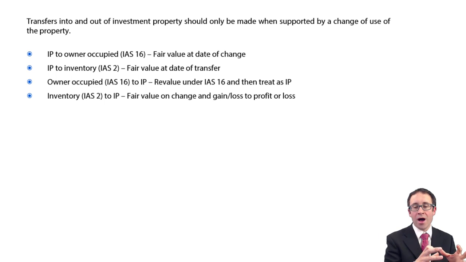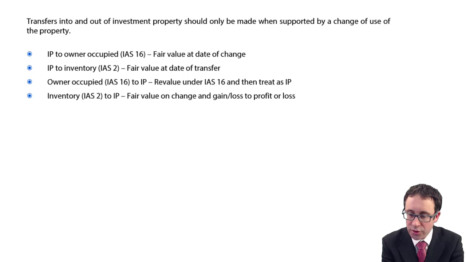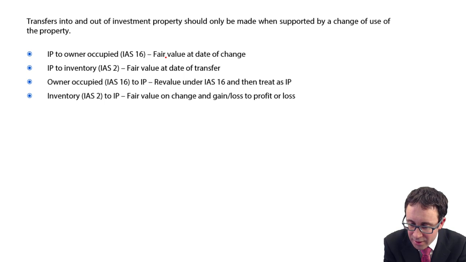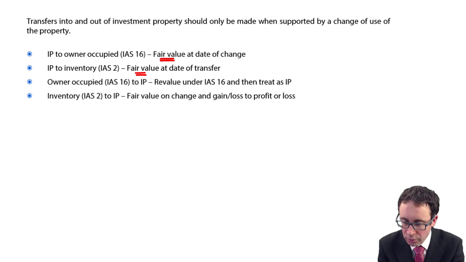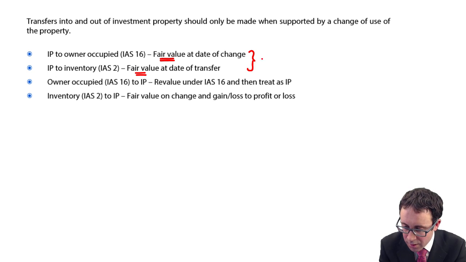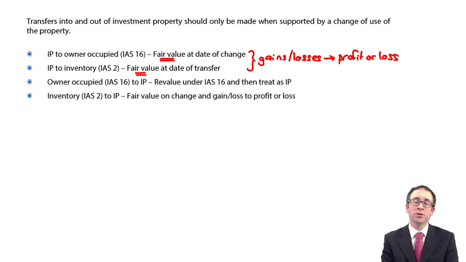So if we're going from IP to IAS 16 or IP to inventory, you just take the fair value at the date of change. And again, under investment property rules, gains and losses at that date will go to profit or loss.